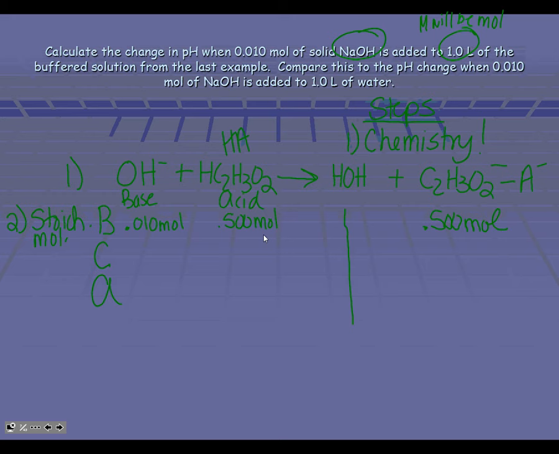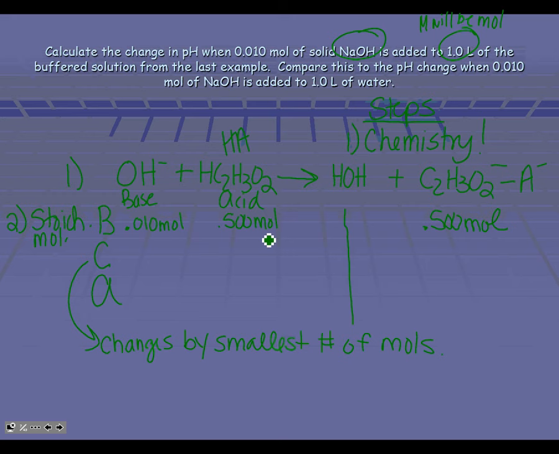Now, what are we going to do on the change part? A BCA chart is different than an ICE chart because in BCA it doesn't change by X, but it always changes by the same thing. It always changes by the smallest number of moles.